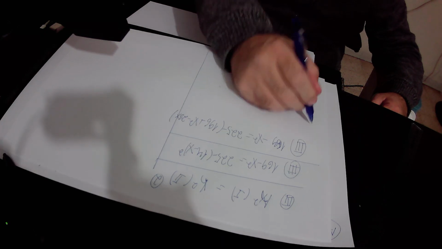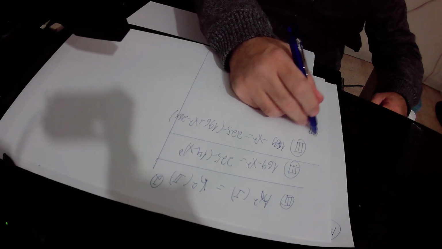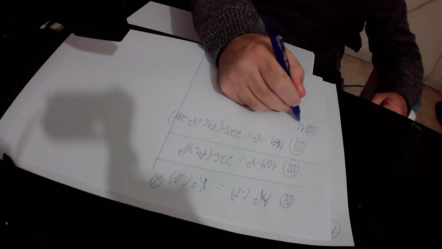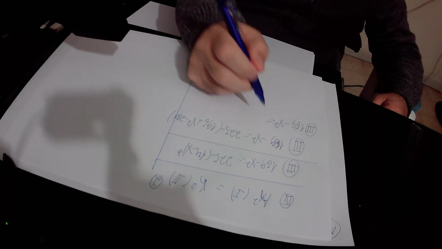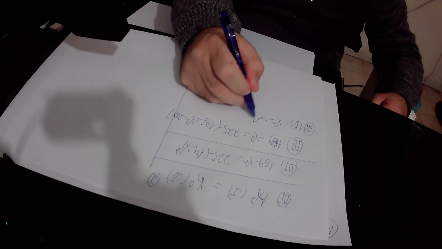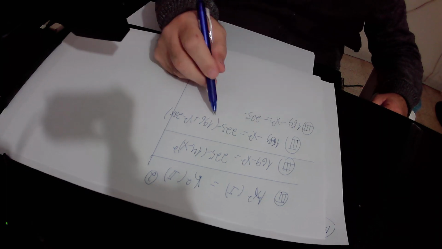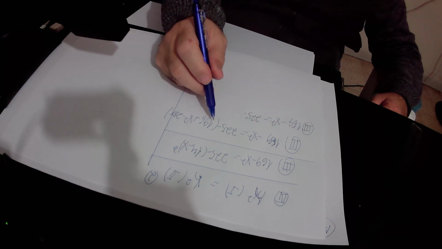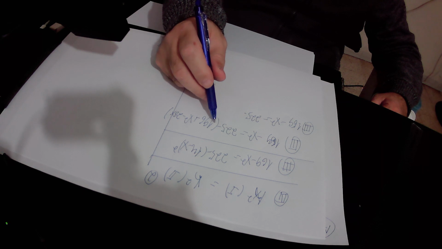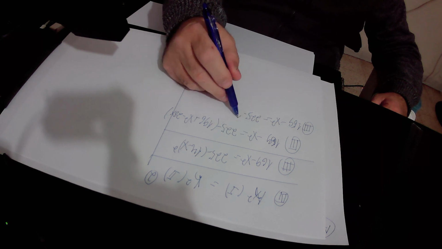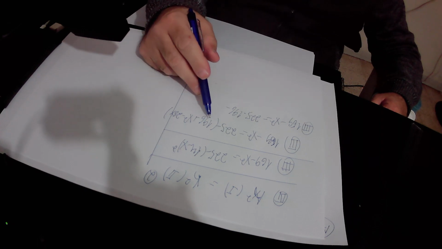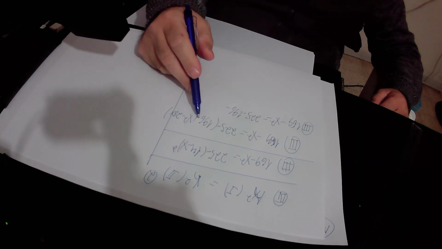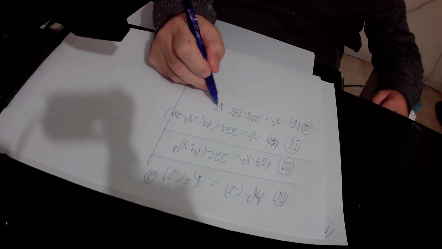So according to this equation number 3, we actually found out that 169 minus x squared equals 225. Here we'll open the brackets and this will be equal to minus 196, where minus and plus is minus, so it is minus x squared.